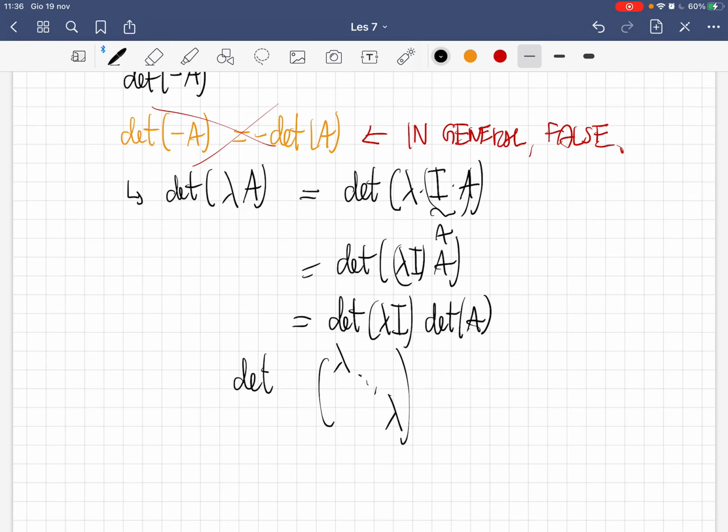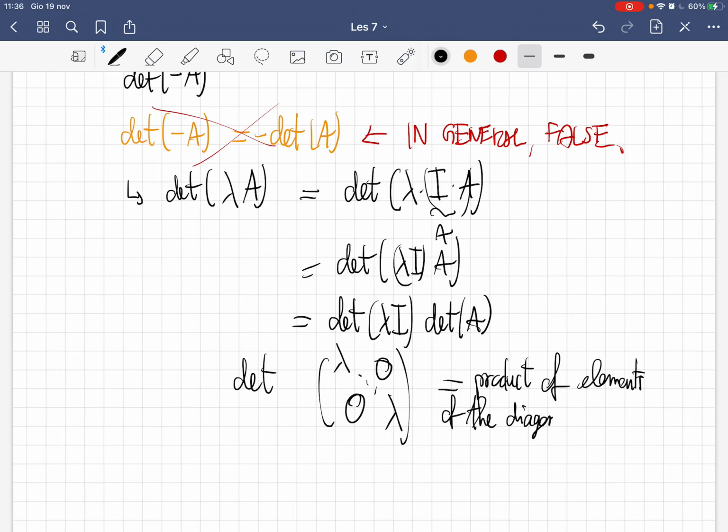And you know that for diagonal matrices, the determinant is just the product of the elements of the diagonal if the matrix is diagonal.